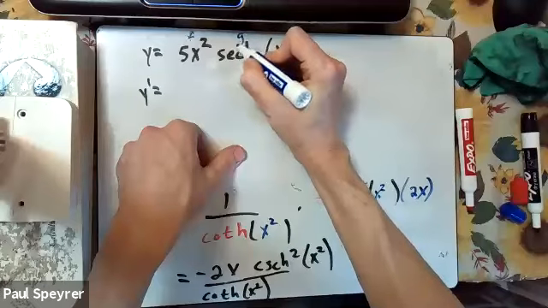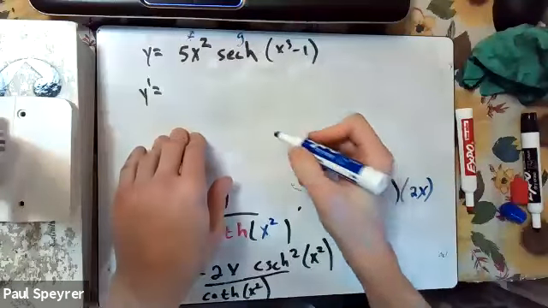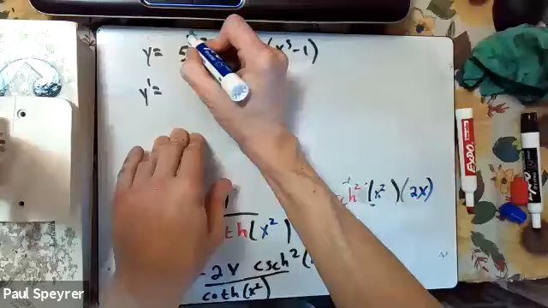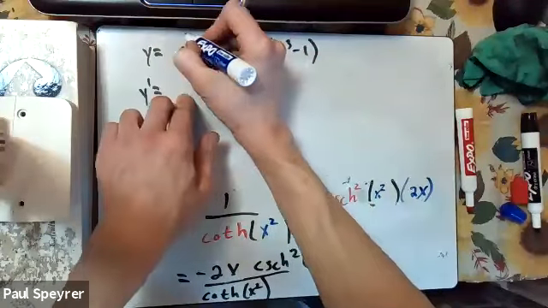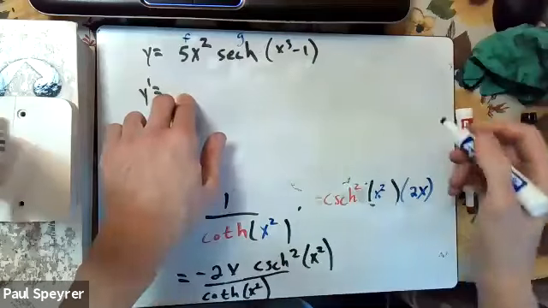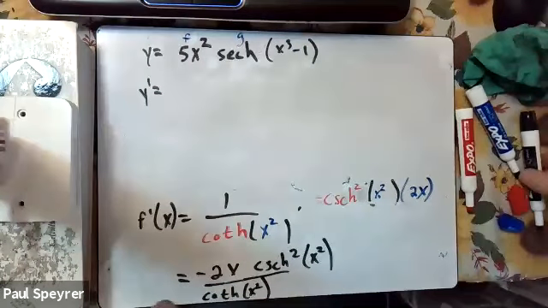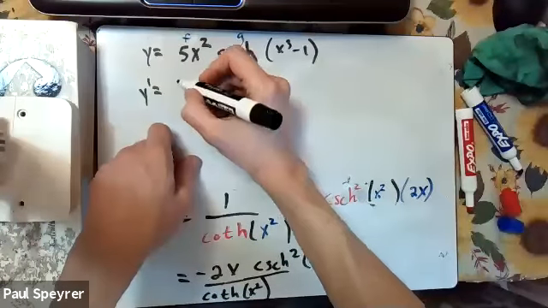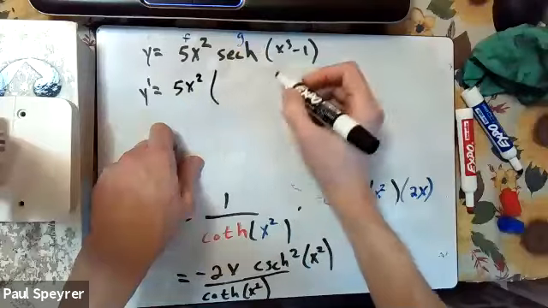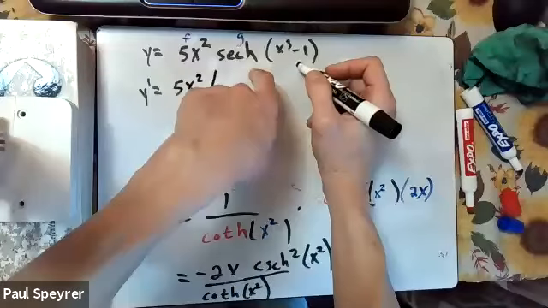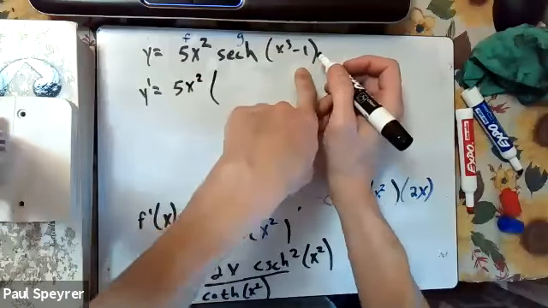So this is F and this is G right here, right? So we have to do our good old F G prime plus G F prime. So F times G prime. Well, F is just 5x squared. What's the derivative of G in this case, the derivative of hyperbolic secant of this stuff?